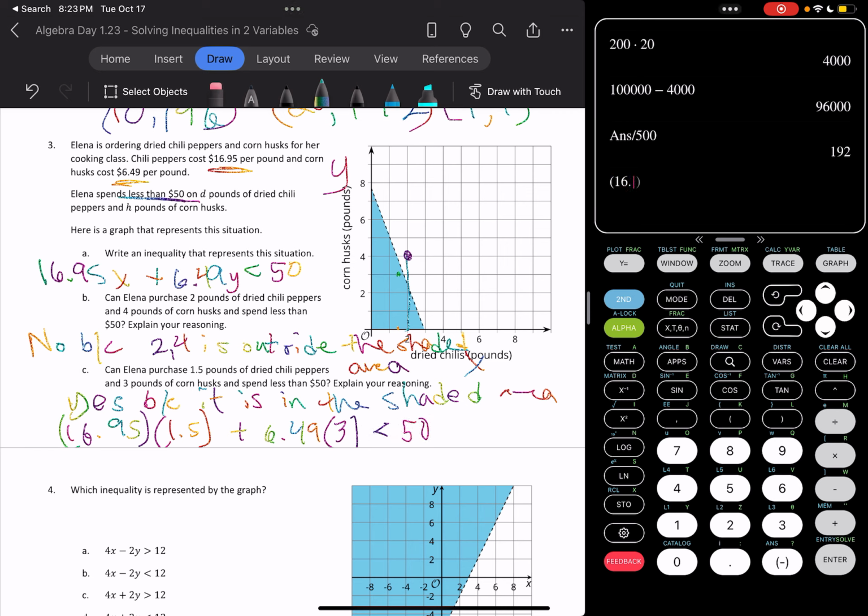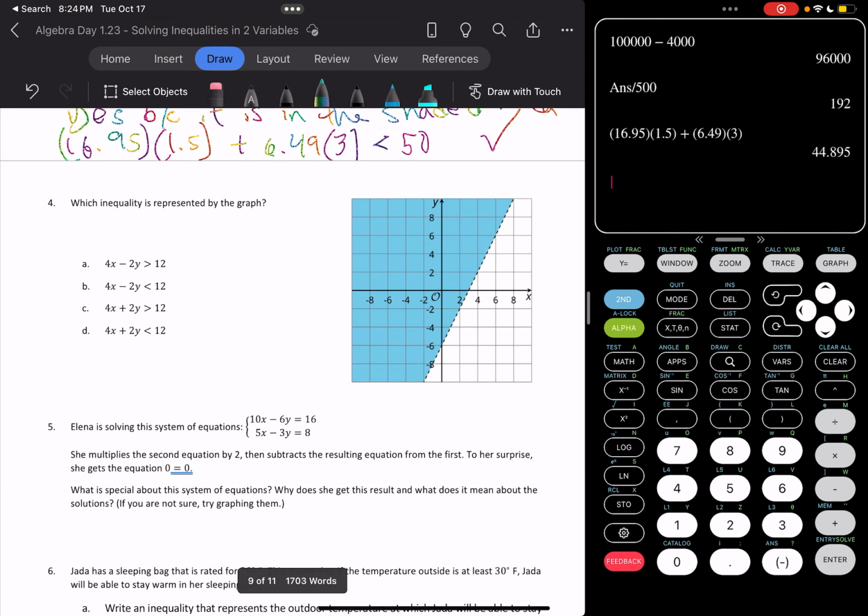So we get 16.95 times 1.5 plus 6.49 times 3 equals 44.89. That is less than 50, so it works. So that's another way that you can demonstrate it, is by showing your work.